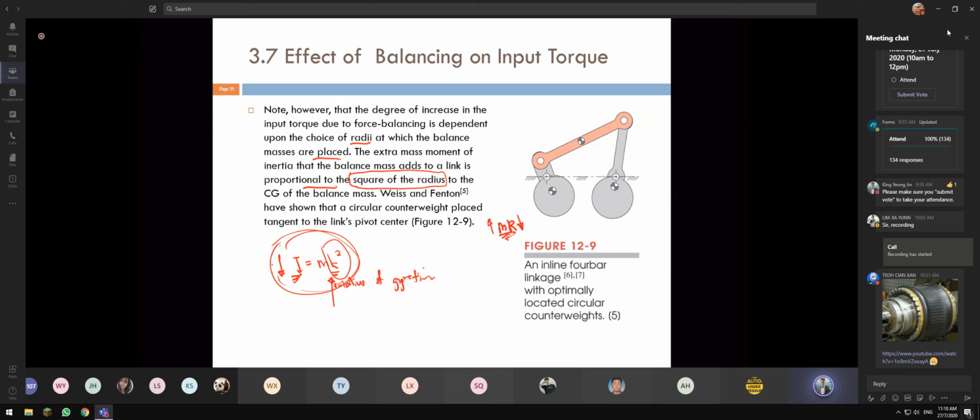That's why what he did here is, instead of creating a short link with the mass further away, we now create a larger mass which is closer to the center of rotation.